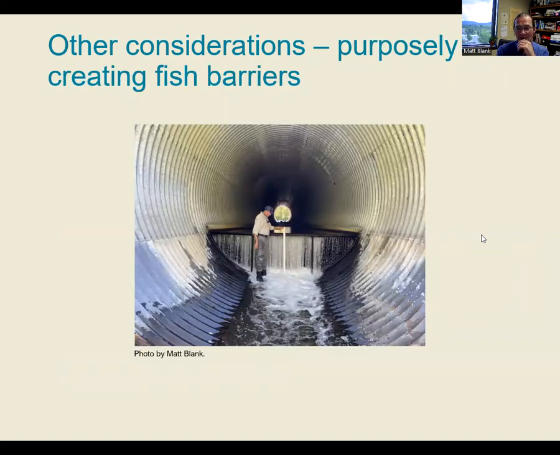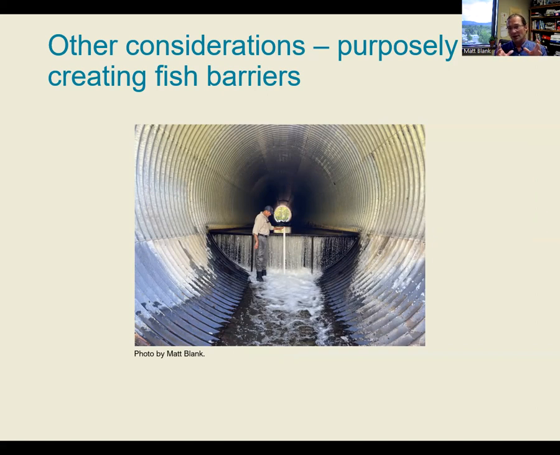One last consideration. This entire conversation, or this training module rather, is about providing and increasing connectivity. But unfortunately, many parts of the world are dealing with non-native species and invasive species that are really creating havoc with native species. This particular culvert in Montana was basically redesigned.